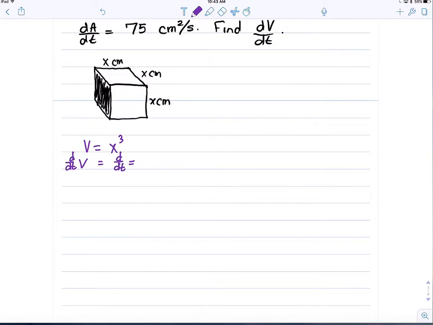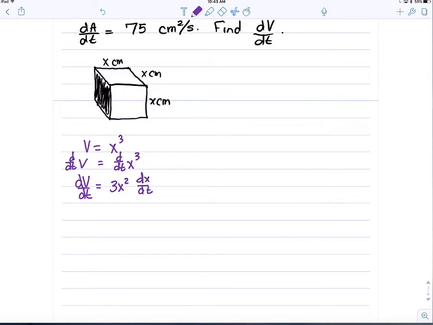Okay, over here, that's just going to give us 1 dV/dt. This should be x cubed. Alright, what about the right hand side? What will we get? 3x squared. Good, dx/dt.